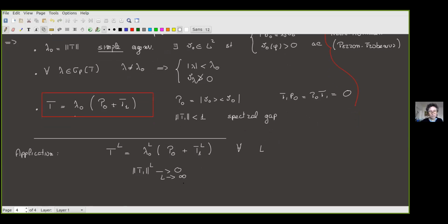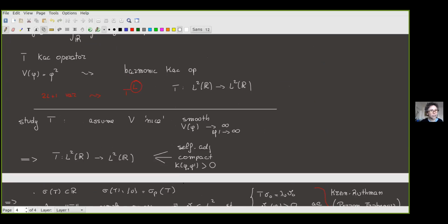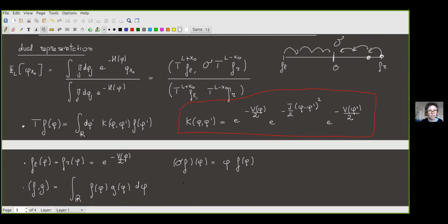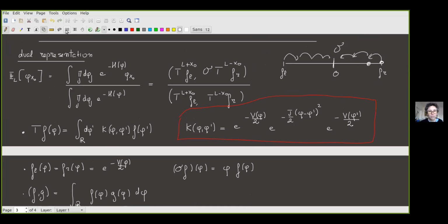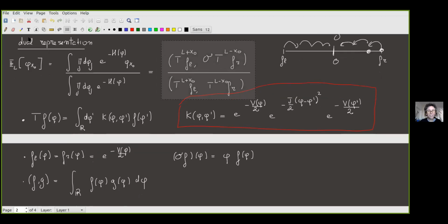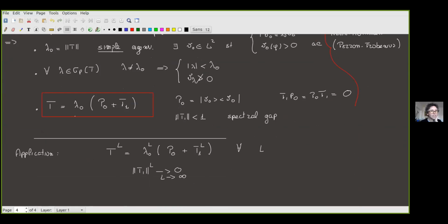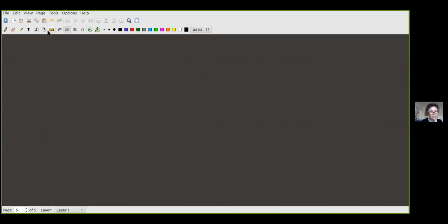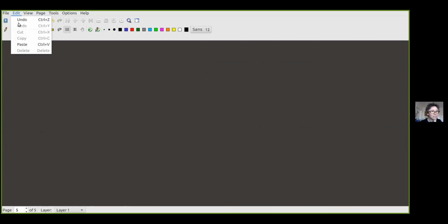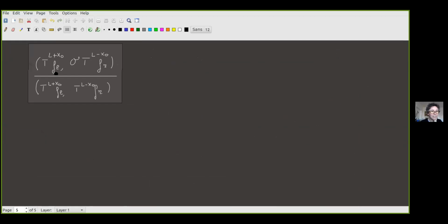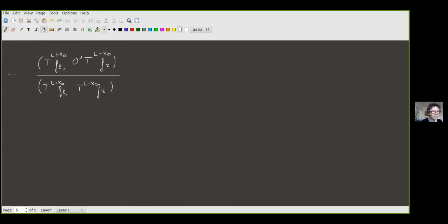Okay, so now we can take this representation and insert it into our expression, which was somewhere here, which I will maybe try to copy. And use this to compute our average. Okay, paste. Okay, here is our average of phi 0.